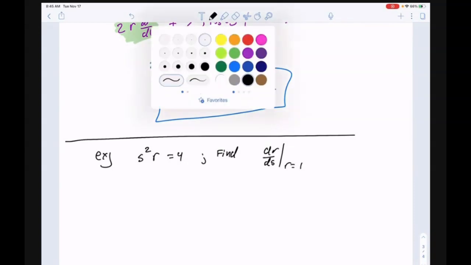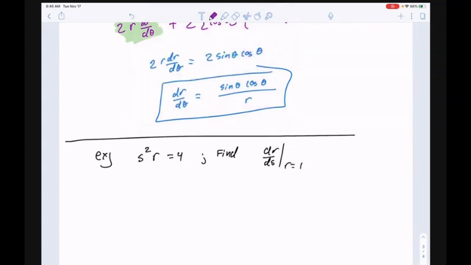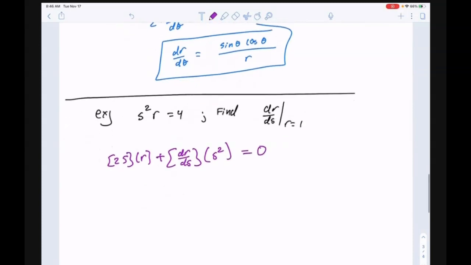So the first part would be 2s multiplied by r plus dr/ds multiplied by s to the second power equals 0. Okay.